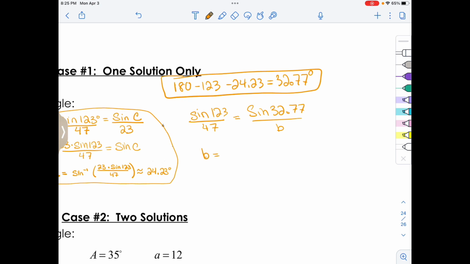So B equals 47 times the sine of 32.77 degrees divided by the sine of 123 degrees. And that's what's going in my calculator. So 47 sine 32.77 divided by the sine of 123. So B is approximately 30.33.